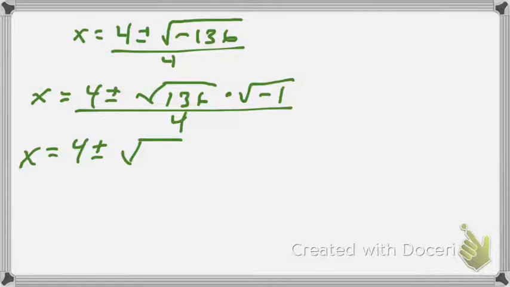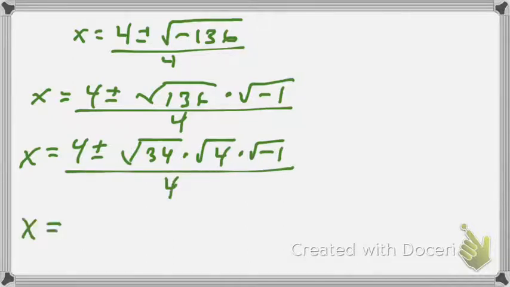Let's see here. So 136, 4. Alright, so 4 is a factor, so we can break the square root of 136 up as the square root of 34 times the square root of 4 times the square root of negative 1.